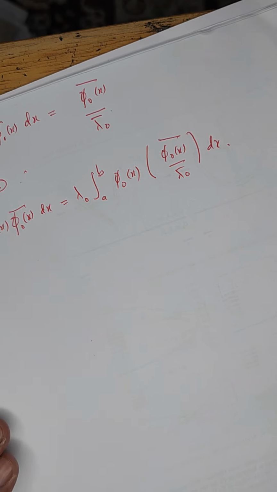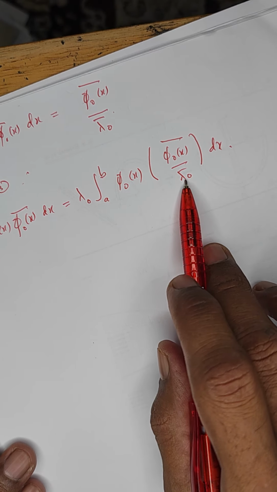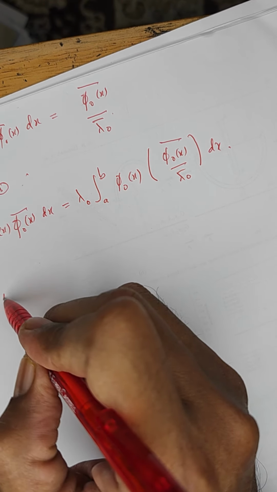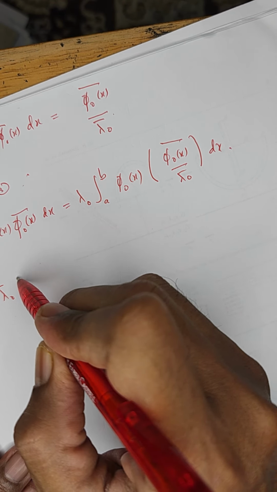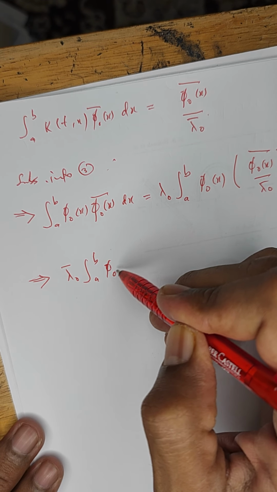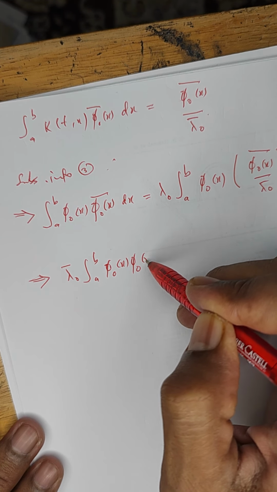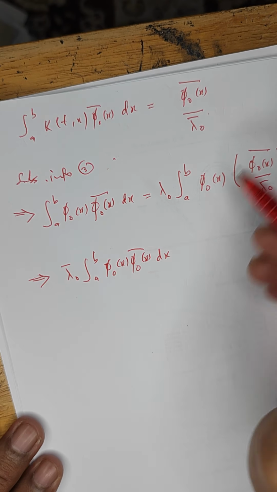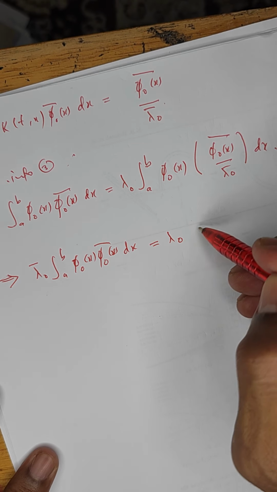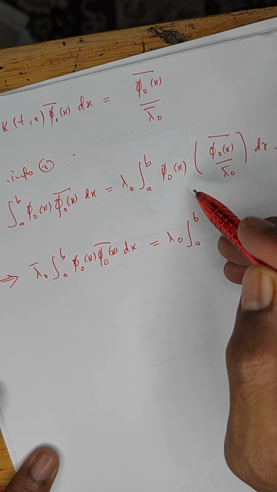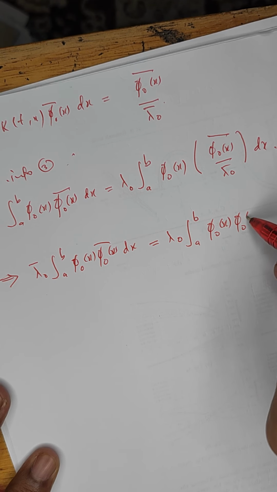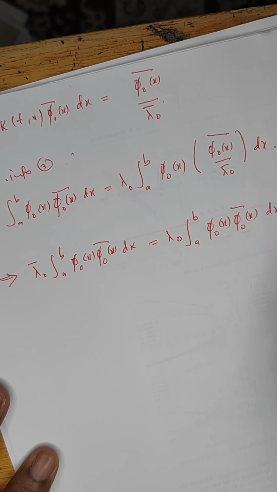Then rearrange this. I can multiply this lambda naught bar to the left side. So we have lambda naught bar integrate a to b phi naught x bar dx, that's equal to lambda naught integrate a to b phi naught x bar dx.